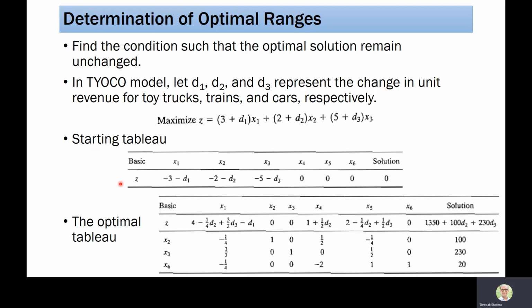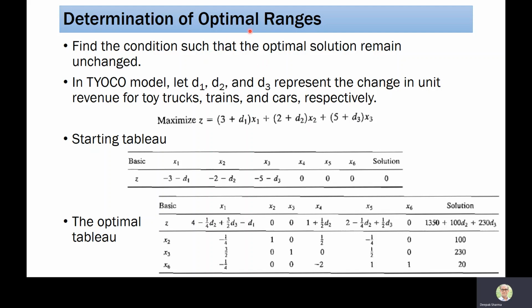When we follow the similar Gauss-Jordan operations and the simplex method, we get this simplex table. This is the optimal simplex table. Now I'm coming to the previous discussion. We remember that for a maximization problem, the optimal simplex table is achieved when there is no entering non-basic variable. This means that the coefficient in the Z row of all non-basic variables is either 0 or a positive value.